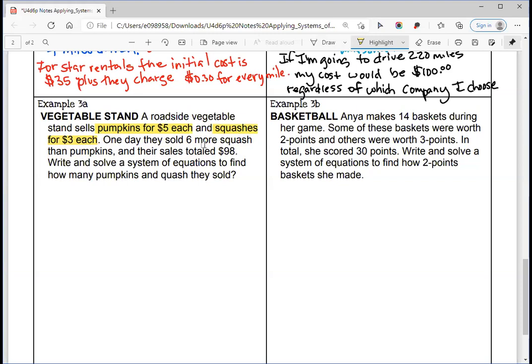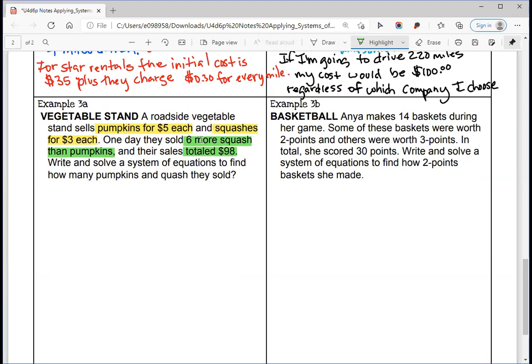One day they sold 6 more squash than pumpkins. Okay. 6 more squash than pumpkins. And their sales totaled $98. Write and solve a system of equations to find how many pumpkins and squash they sold.